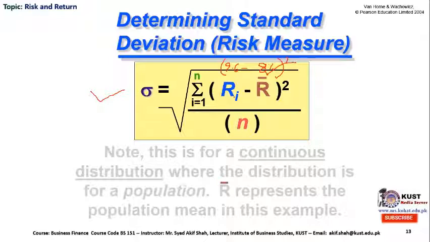After subtracting the expected return from each Ri, you square and sum them up, and then divide by n.